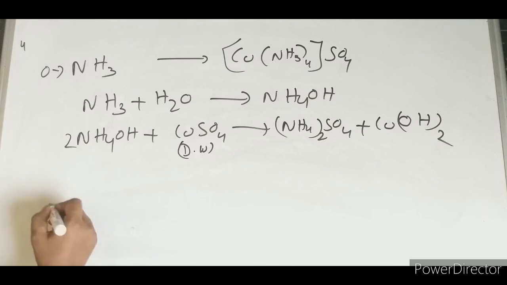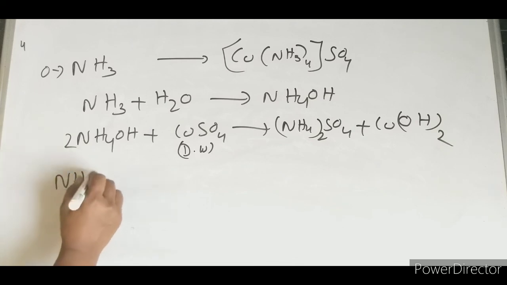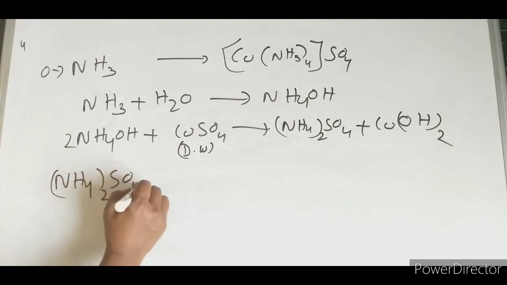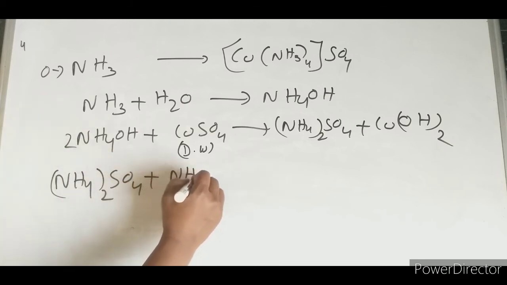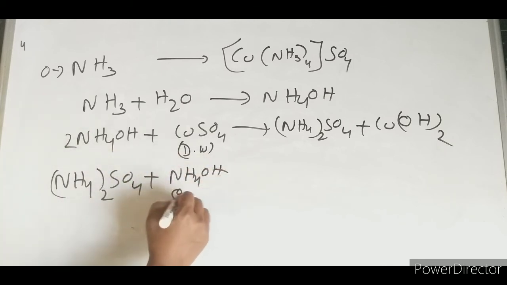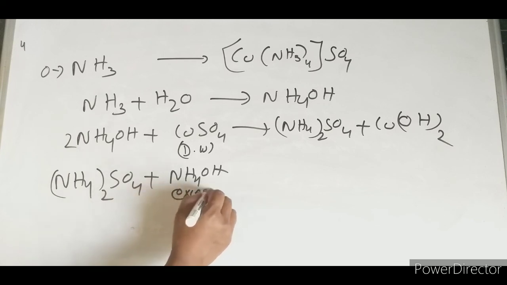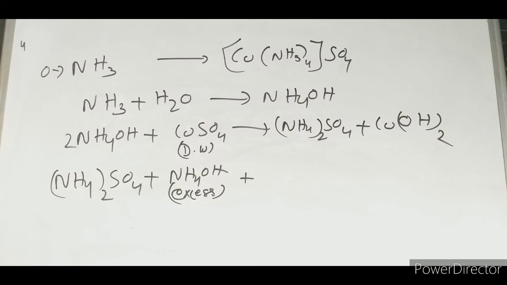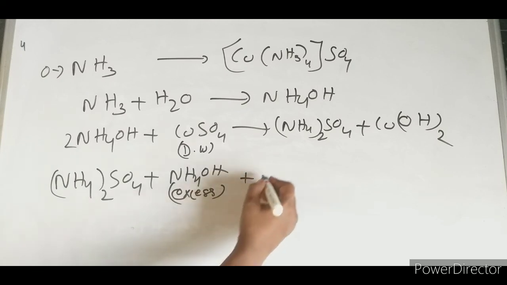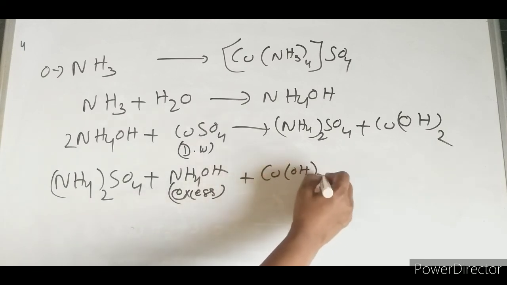Then the next equation will be ammonium sulfate with this excess of ammonium hydroxide. This one will be excess, along with that ammonium hydroxide, and this one will be copper hydroxide.